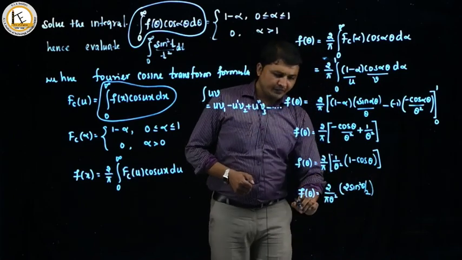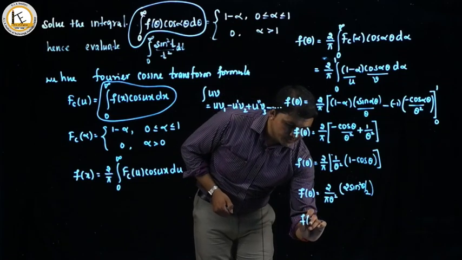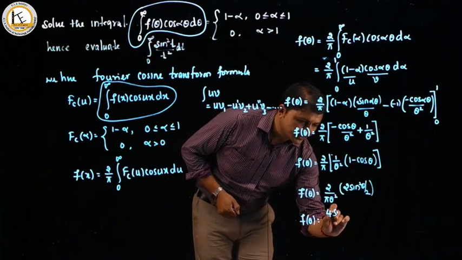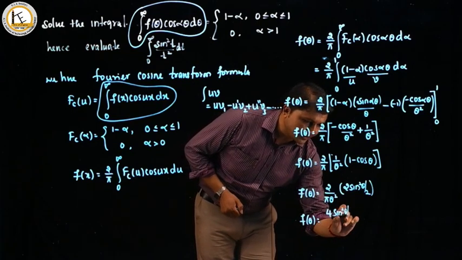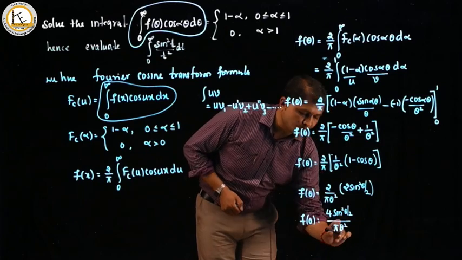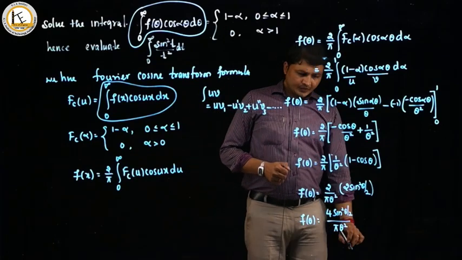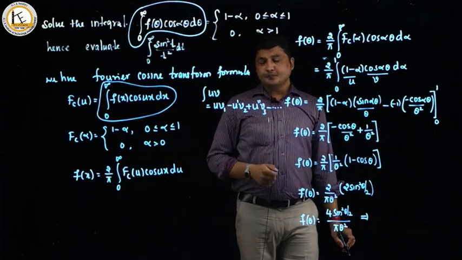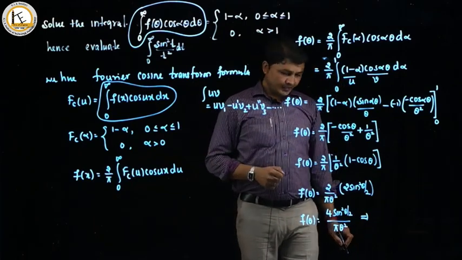So we can simplify it further. So f of theta is equal to 4 times sin square theta by 2 divided by pi theta square. I'll simplify it further so that I can use this answer to evaluate the next part.